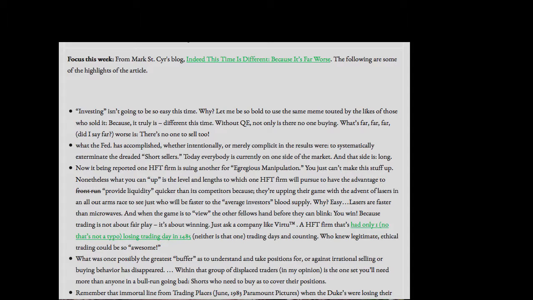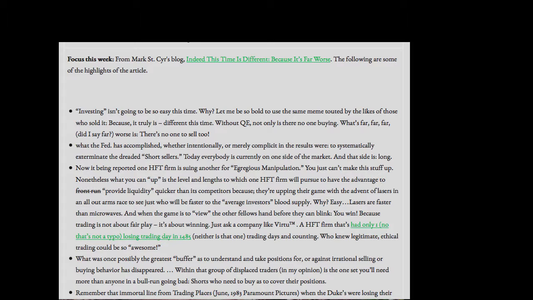Today, everybody is currently on one side of the market, and that side is long. Now it is being reported one HFT firm is suing another for egregious manipulation. You just can't make this stuff up.